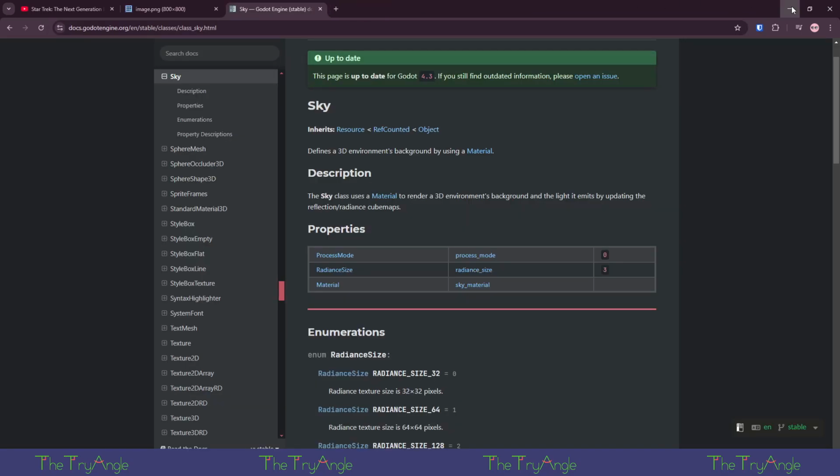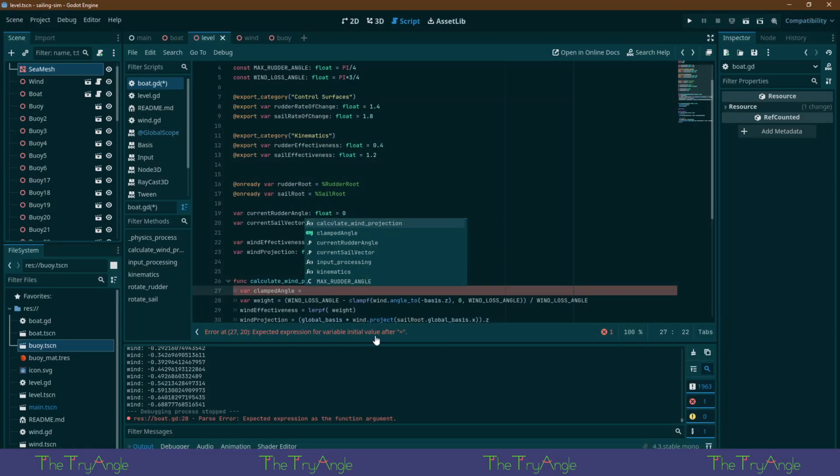Sure. All right. Clamped angle is, I just want to move some of this to a different line. It's a little clearer what we're looking at.